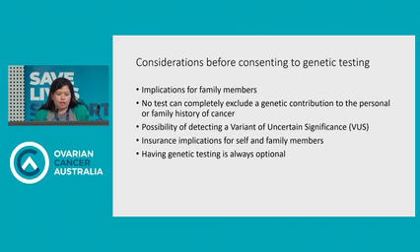If we identify a VUS, it's more difficult to get to the bottom of this because it's not enough to be positive, but it's not enough to be negative. In that case, the family can work closely with us and we can examine this VUS a bit more and explain whether we should do any more testing or whether it looks benign enough that we don't need to worry about it. But it's important to realize that sometimes a genetic test result is not straightforward. It's a little bit in the gray zone.